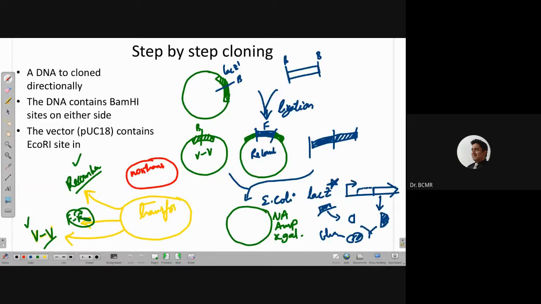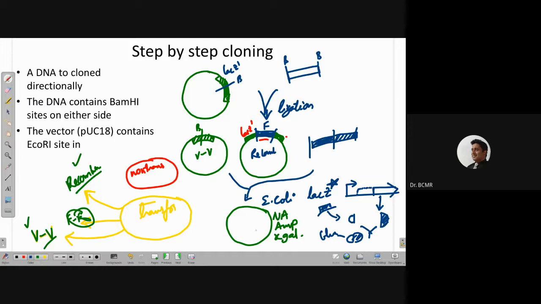So if we see that way, in the recombinant, what would have happened? This is the LacZ gene, LacZ prime. Because the fragment is inserted, it can no longer produce the alpha part of the beta-gal. Therefore, it does not give a functional protein.